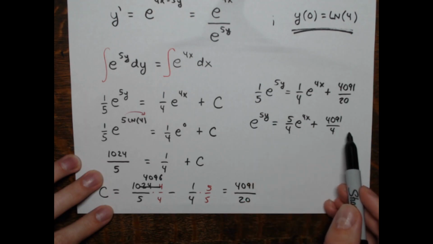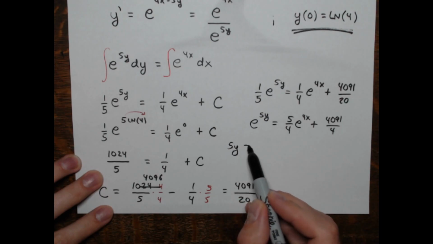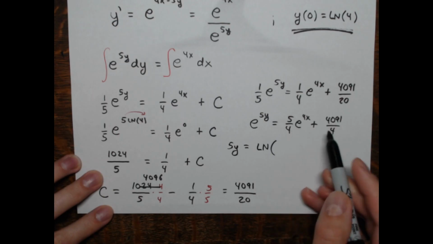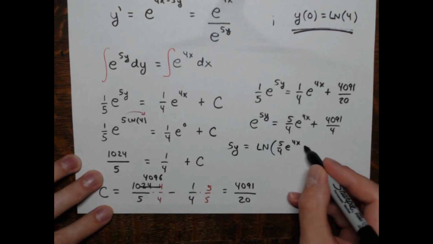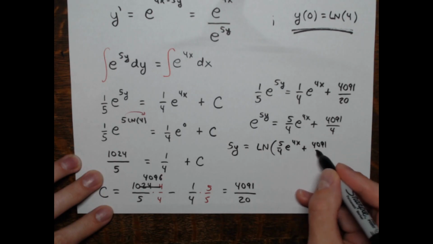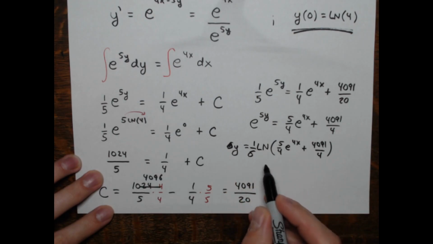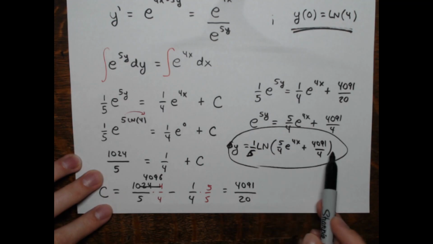Natural log of both sides. So 5y equals the natural log of 5/4 e to the 4x plus 4,091 fourths, and then times a fifth. So y is 1/5 of this natural log.